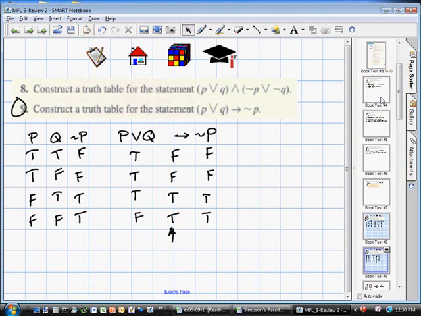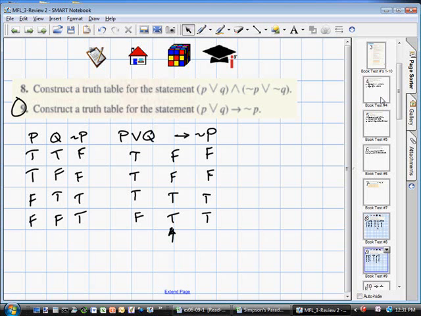Construct a truth table for P or Q, if P or Q, then not P. Standard PQ setup. I put a not P in there. Did my if part first, P or Q. Only false when both are false, so that's the only one that's false.